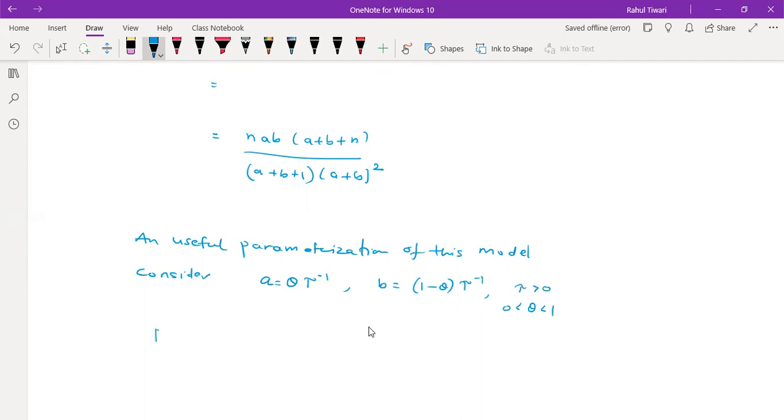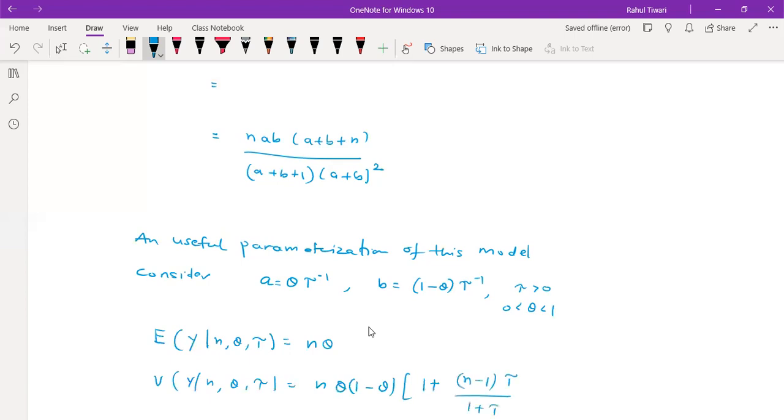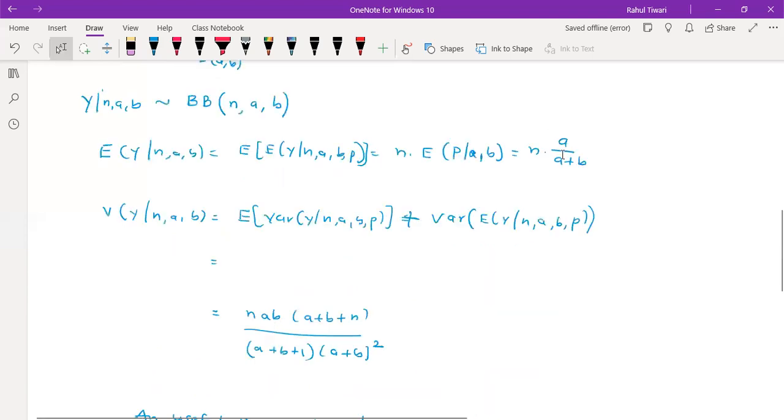So what is the expected value of y in this case? Y given n, tau will be n theta simply, and the variance becomes n theta 1 minus theta in the bracket 1 plus n minus 1 tau upon 1 plus tau. You will get this when you substitute these a and b values into the mean and variance. In this case it is very easy.